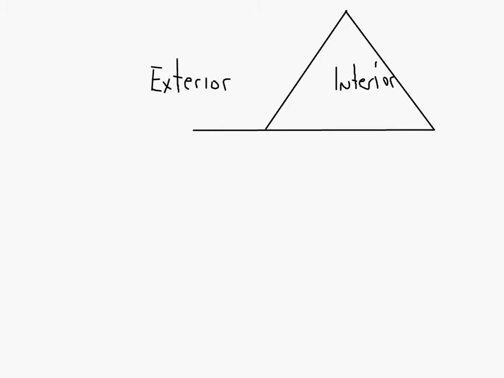If you label these angles 4, 3, 2, and 1, angle 4 is called an exterior angle. An exterior angle is equal to the sum of angle 2 and angle 1.